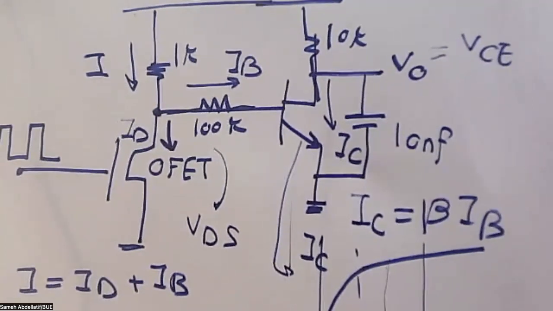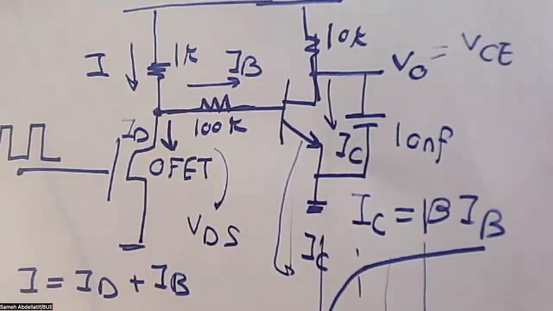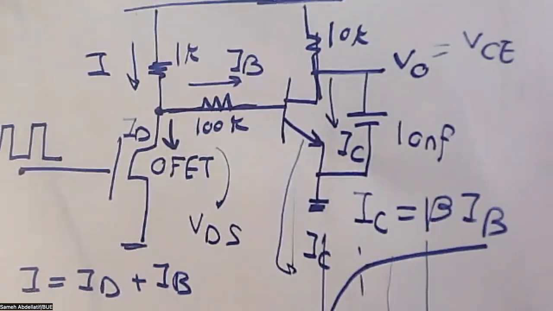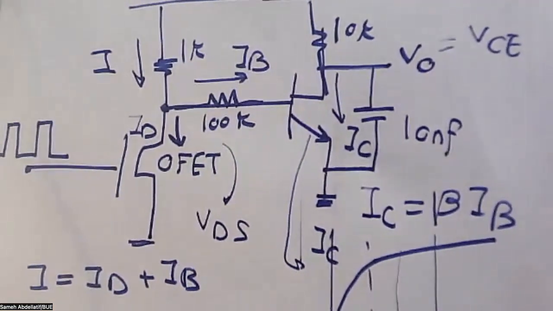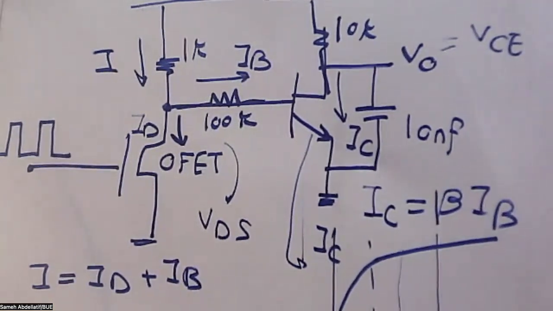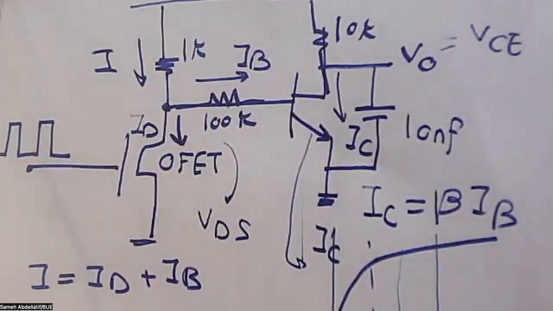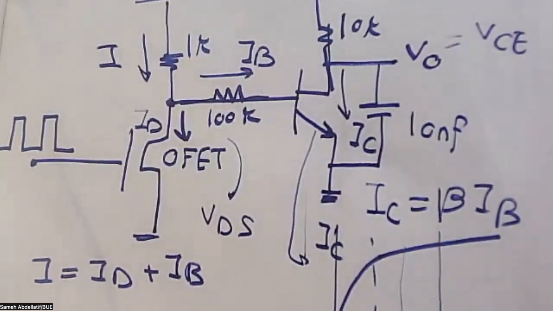Definitely, my dear students, this is not the only schematic that is capable of converting current to voltage. Or in other words, this is not the only schematic that is suitable for our case. You can find hundreds, sometimes thousands of circuits or schematics that can be used as an interfacing circuit.